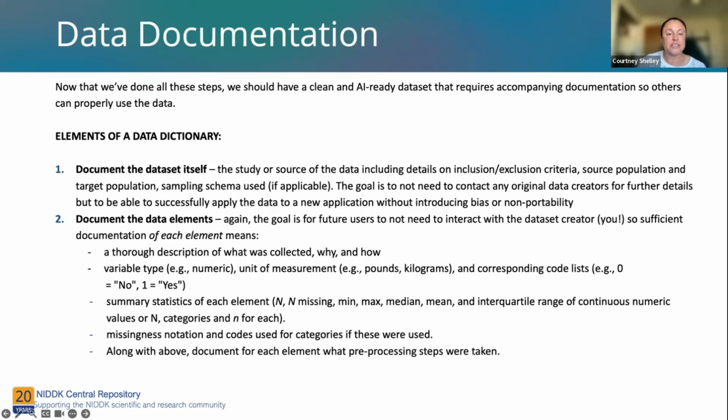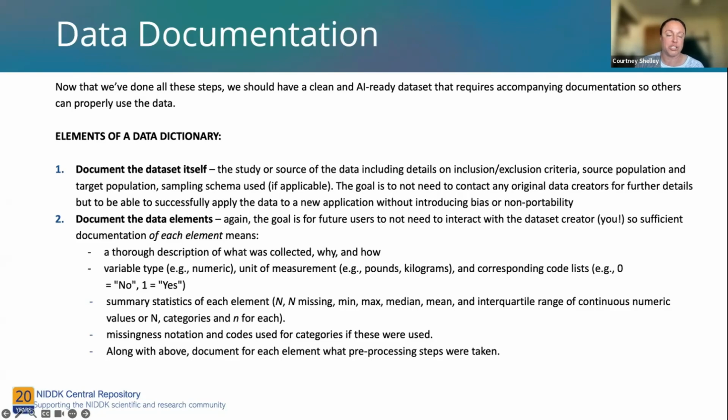A data dictionary is the documentation of the data set itself: the source of the data, inclusion and exclusion criteria, tell me about the study population, the source versus the target, the sampling schema you used. When you are collecting data, this is documentation of your study. When you are reusing data, this is you interpreting perhaps where this data came from. Tell me as much about it as you can and make sure it's attached to your data.